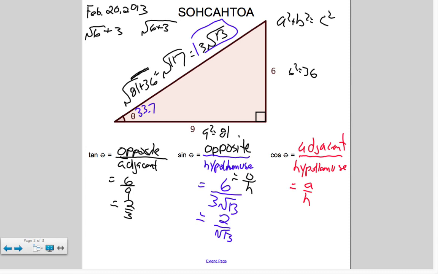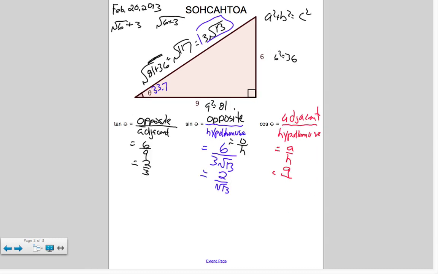So here in this case, what's the adjacent side for theta? 9. What's the hypotenuse? Still 3 root 13. So we can simplify that, and we get 3 over square root of 13.